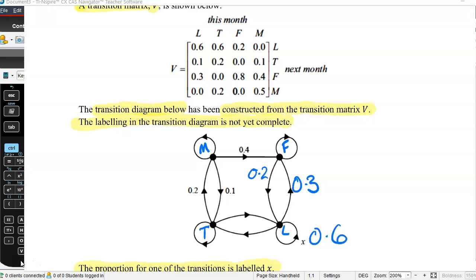And for T to L, that is 0.6. So 60% of those who were at T this month will be at L next month. And L to T, 0.1.